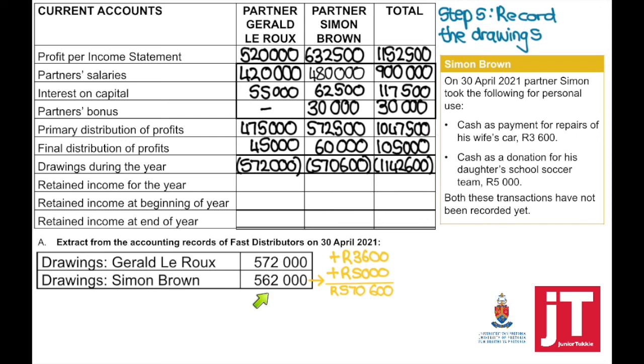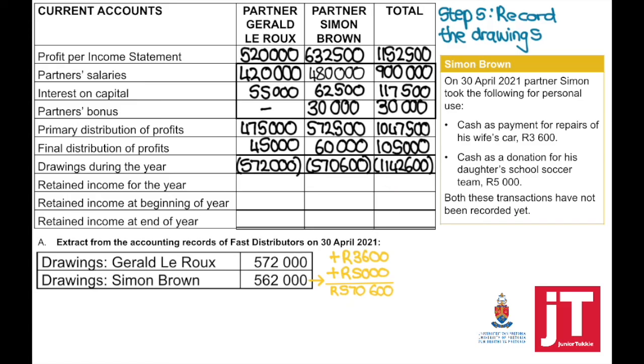So 562,000 plus 3,600 plus 5,000 equals the total drawings for Simon for this accounting period. If I take Gerald, 572,000 plus partner Simon equals the total drawings for this year.